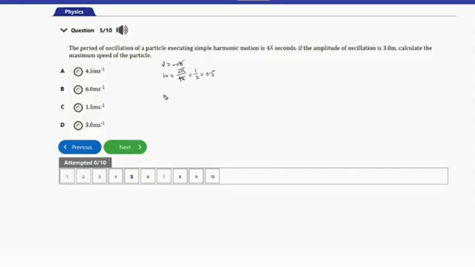That's 0.5. So when we multiply this by the amplitude, which is r, we are going to have 0.5 times 3, and that's 1.5. So option C is the answer to this question. Let's go ahead and consider the next question, guys.